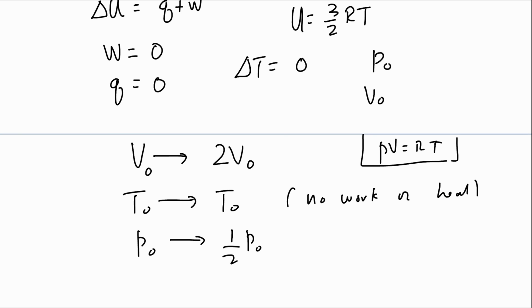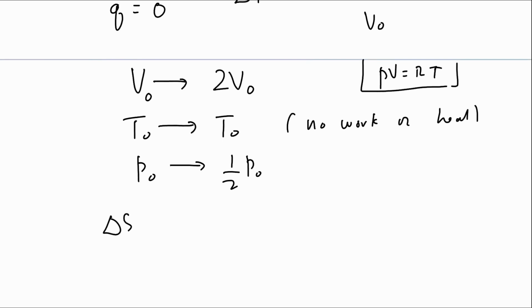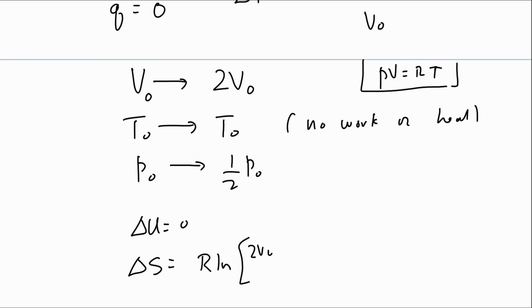Delta U is equal to 0. Delta S is R log of 2V naught over V naught, which is my favorite answer of all, right? R log 2.